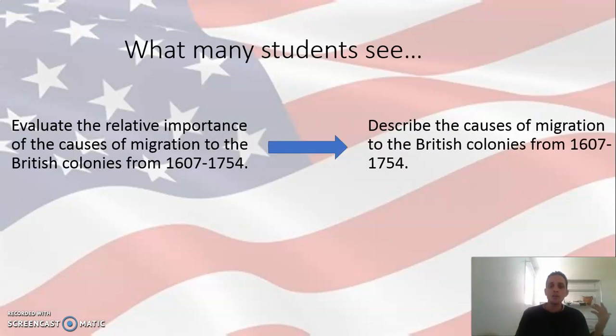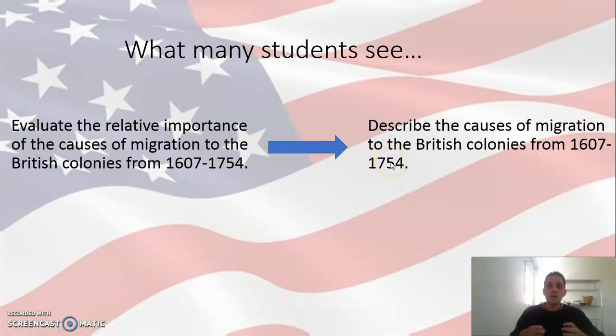So this is the question: evaluate the relative importance of the causes of migration to the British colonies from 1607 to 1754. That's a relatively complex question. What a lot of students will do is change it in their mind to this, and then answer this question in their essay: describe the causes of migration to the British colonies from 1607 to 1754.